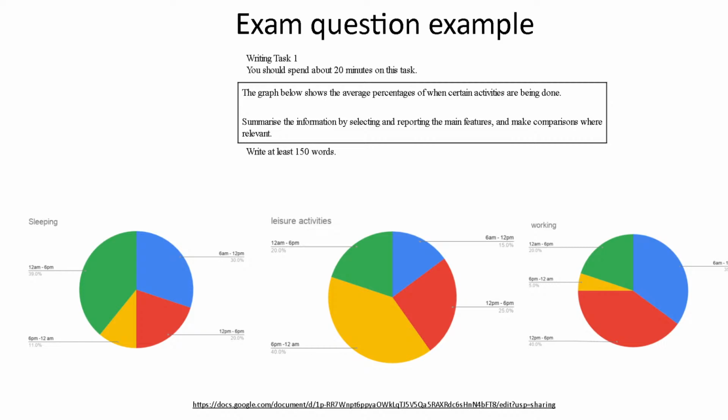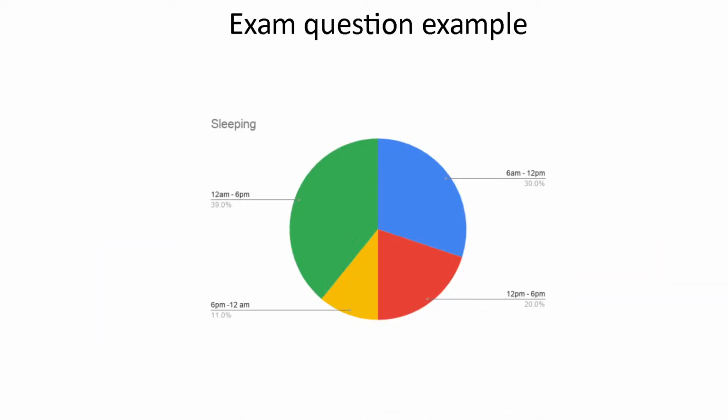Okay, so you can see there are three different pie charts here, and we're going to look at each of these in order. So we're not actually going to write the full task essay here. We're just going to look at the pie charts. So the first one you can see is about sleeping, and it's got 4 categories. You've got the percentages there, and it's different times of day.